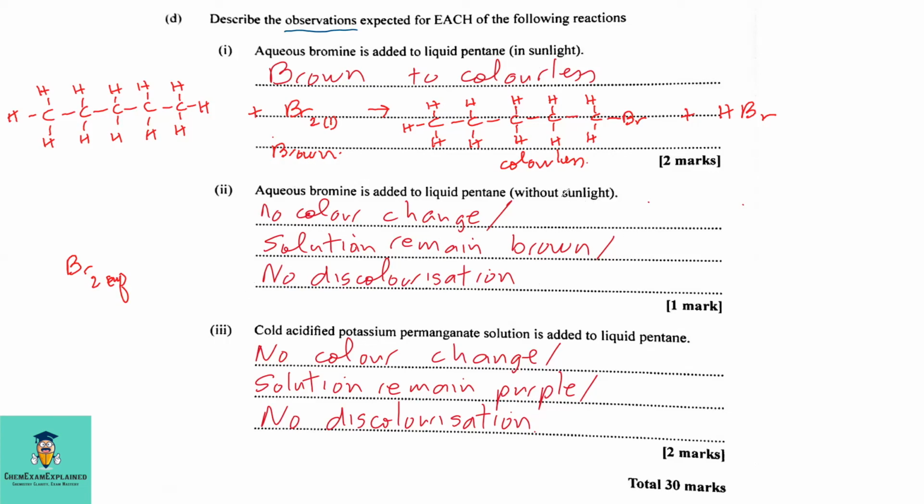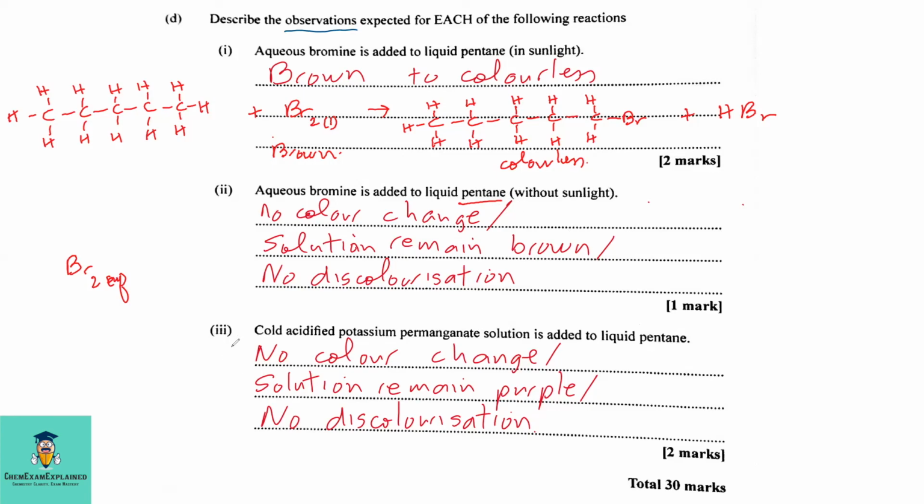Why not? Because we don't have any sunlight to initiate our reaction, which causes the splitting of the halogen. So without sunlight, you have no reaction because our reaction is with an alkane. If it was an alkene, you don't require the use of sunlight because the alkene is already reactive. So once you're looking at an alkane, you need sunlight to have any substitution taking place.